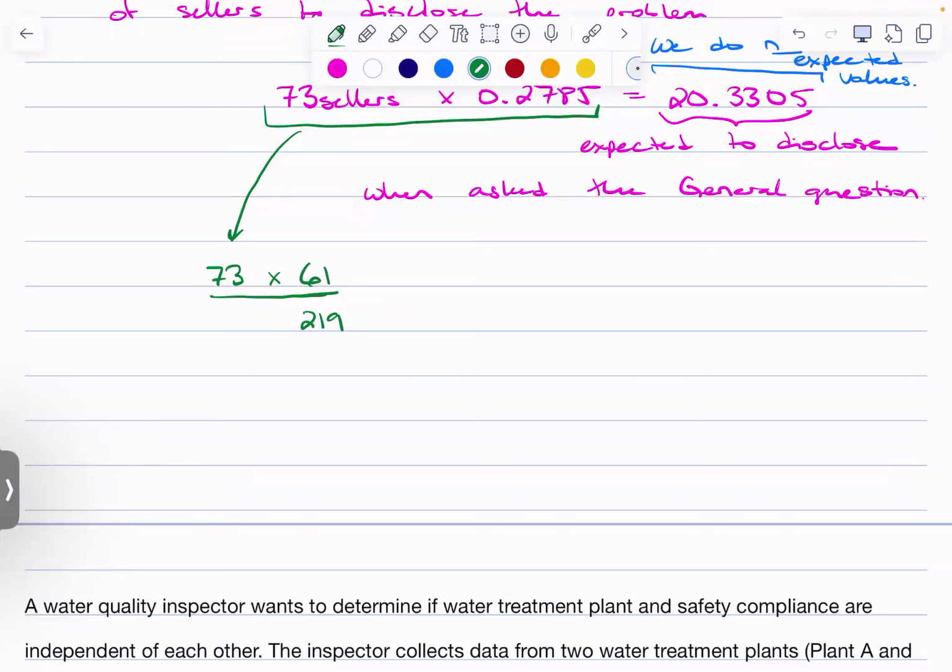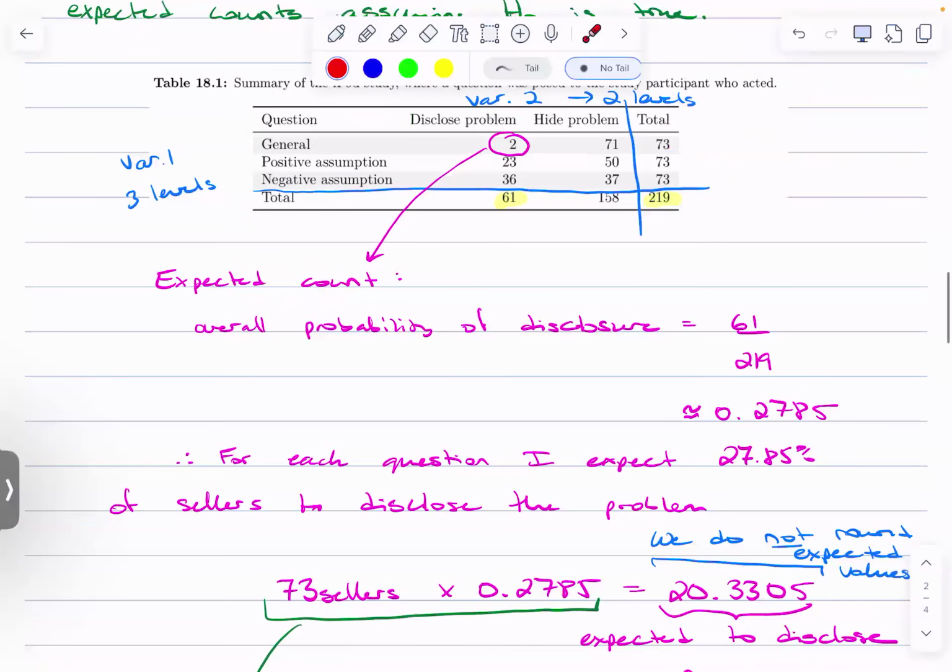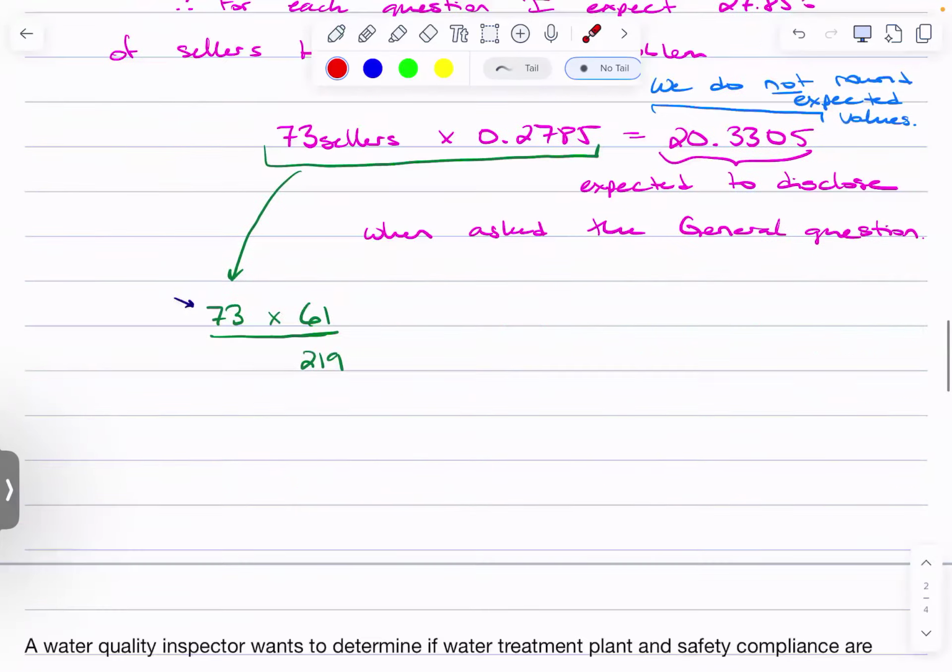And so how we usually summarize this is that this 73 is your row total.